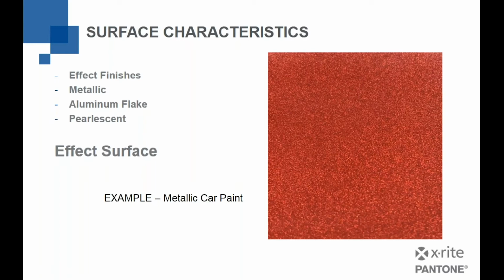Here, with effect finishes, now we're actually changing color. The hue might change, the chroma might change as we change our angle. But all three of those kinds of surfaces that we're talking about today are affected by angle and light and can be a challenge to measure.